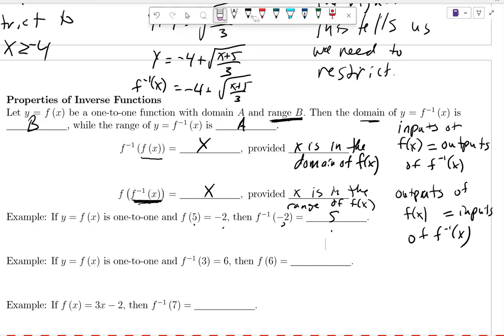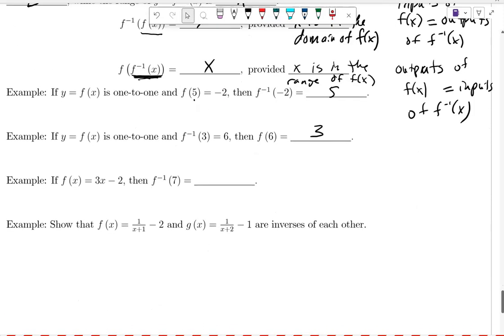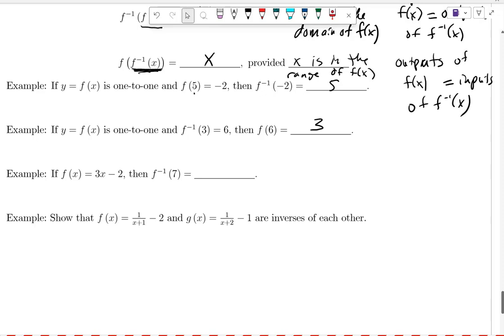Okay? So what's the next answer going to be for the next blank? It'll be a 3, won't it? The inverse takes 3 and gets out 6. So the original must have put in 6 and got out 3. Does that make sense? Okay. All right. This last one, before we go to showing that they're inverses of each other.